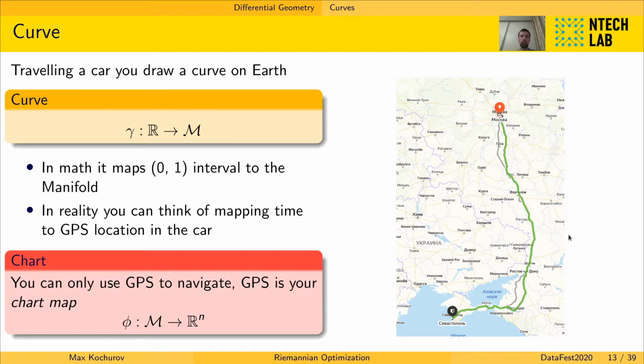Your GPS navigator gives you something tangible, not just a position somewhere in Tula, but actual numbers of your coordinates. And that's very important because that's the only way we can work with some abstract math. We need numbers to put them in a computer.